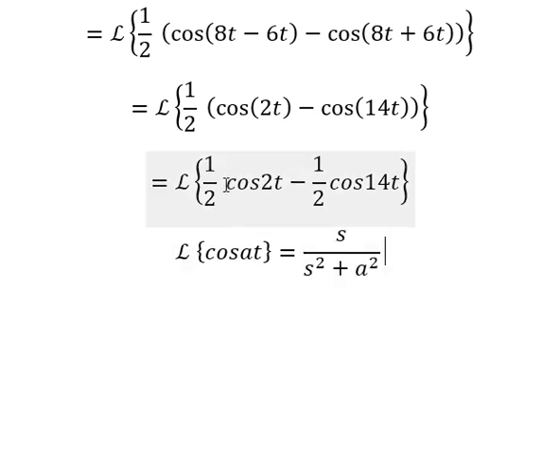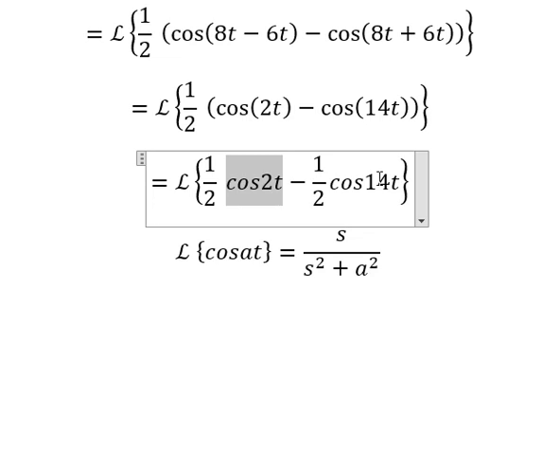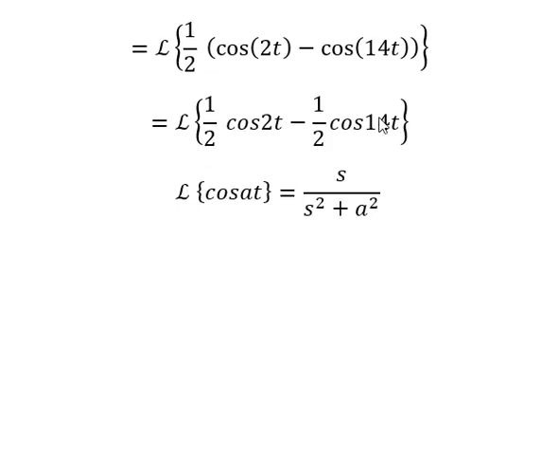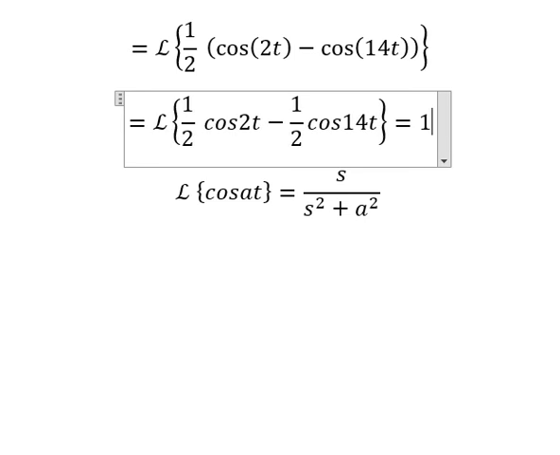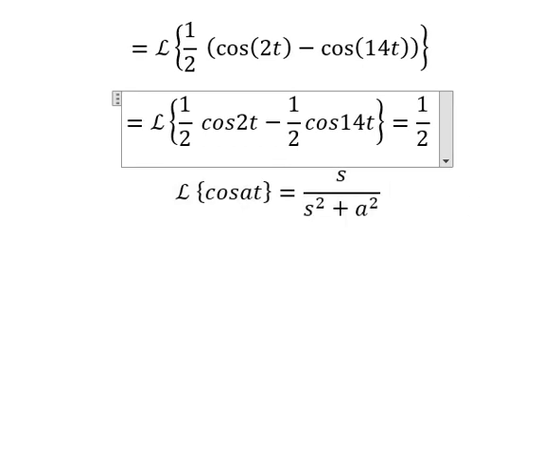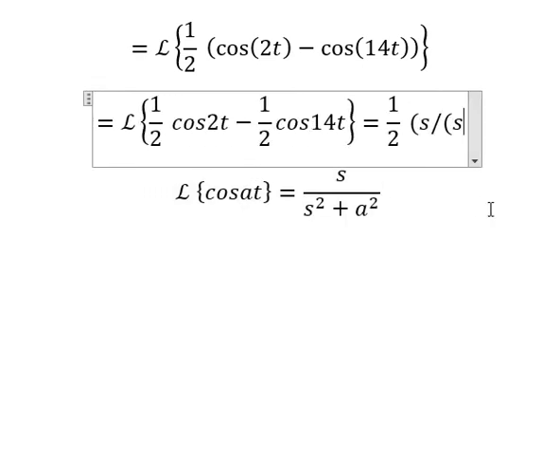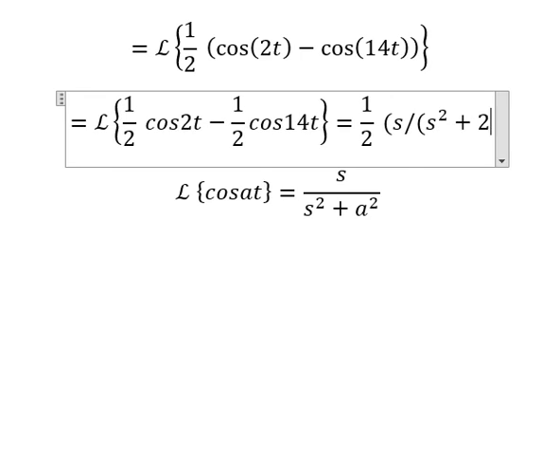Now we can apply it for cosine 2t and cosine 14t. One over 2 we put outside. We change the number 2 for the small a, and we have h over s squared plus 2 squared.